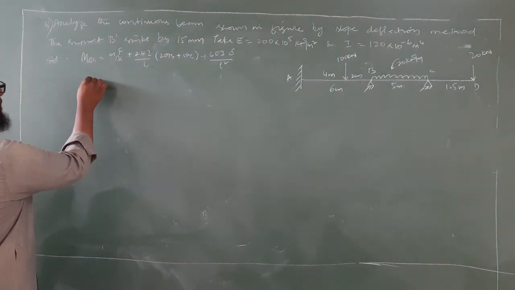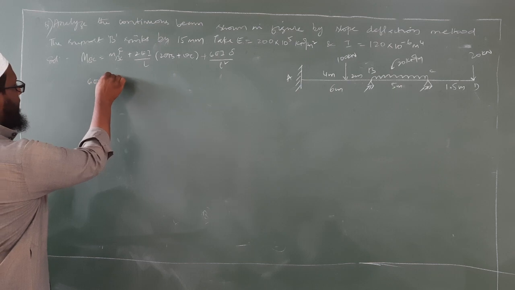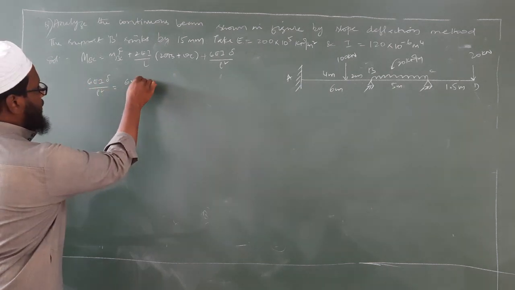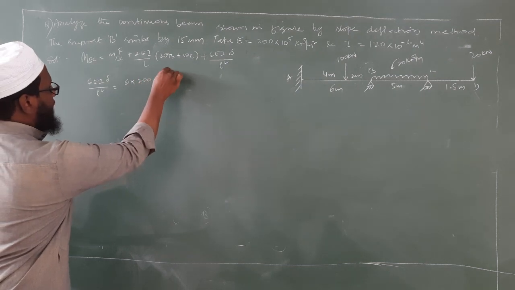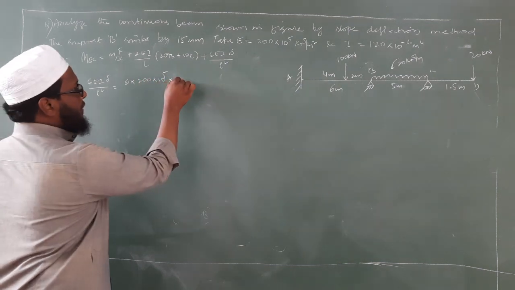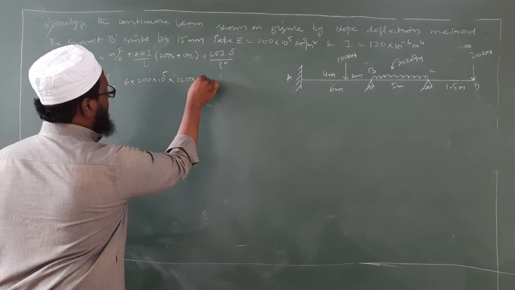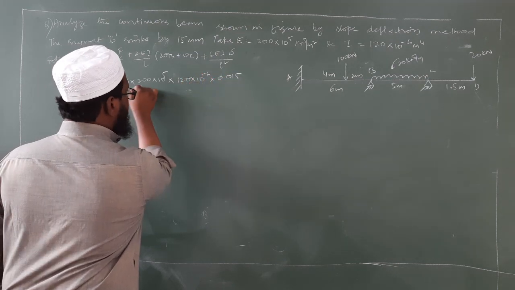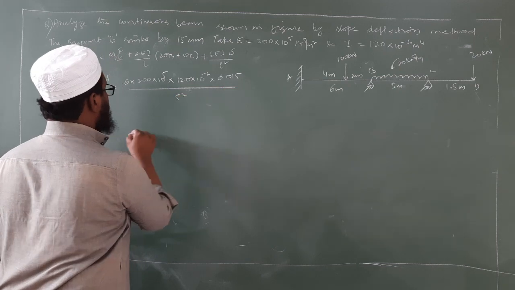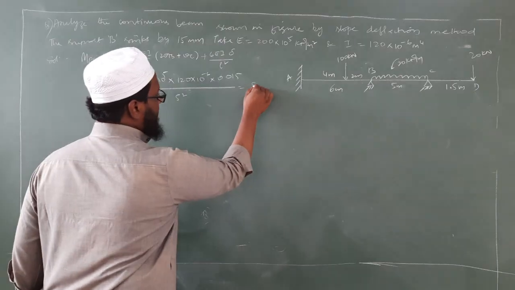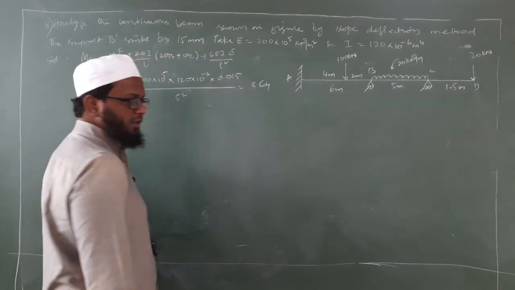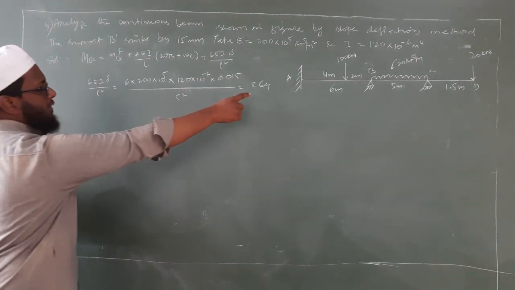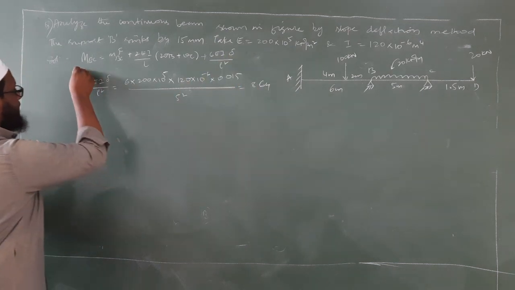I will write here the 6 EI delta by L square value, that is 6 into 200 into 10 power 5 into 120 into 10 power minus 6 into 0.015 divided by 5 square. You get the value of this one as 8.64, isn't it? Yes. So now substitute this value of 8.64 in this equation.